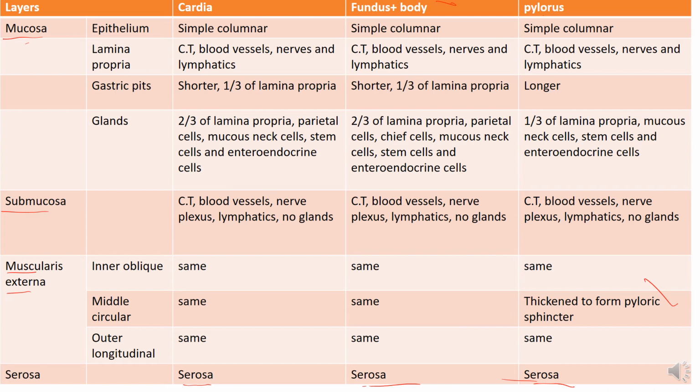While in the fundus plus body, parietal cells, chief cells, mucous neck cells, stem cells, and enteroendocrine cells, so all five types of cells are present, and the glands cover two-thirds of the lamina propria. While in the pyloric region, one-third of the lamina propria is occupied by the pyloric glands, and they consist of mucous cells, stem cells, and enteroendocrine cells.